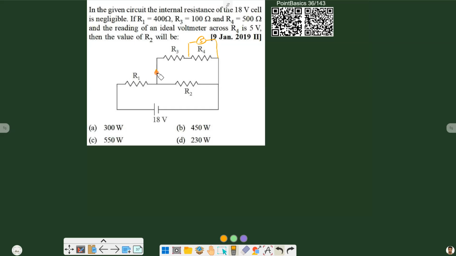Suppose there is some current I2 in this branch, and in this branch there is I1, and the total current is I, where I is equal to I1 plus I2, and here the current is also I. So we have to find out the value of I2.